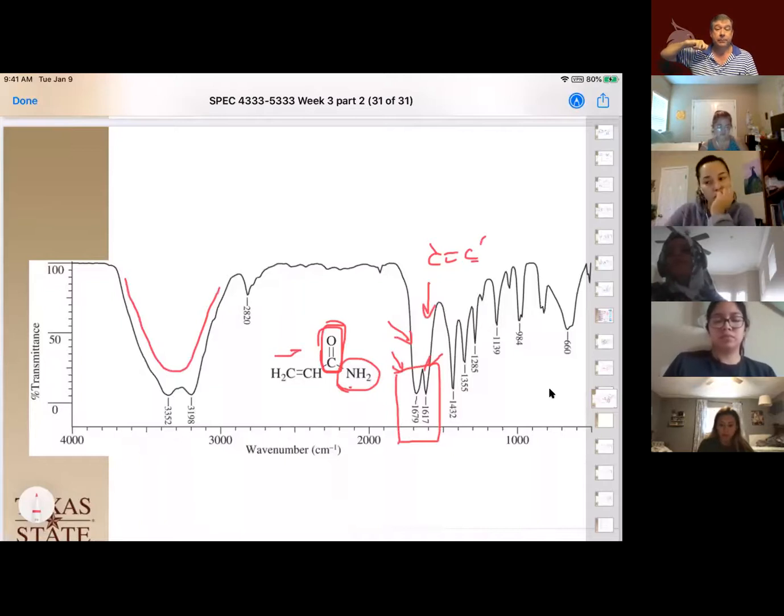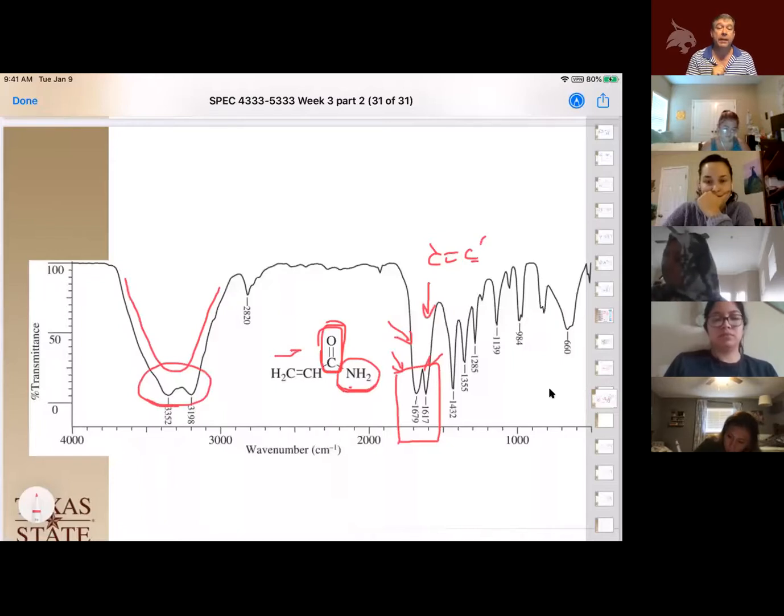And they're not equivalent. And therefore, whenever you have two hydrogens in a compound on nitrogen, you get two peaks in this band. If we take one of those hydrogens off, one of those peaks goes away, and some of the hydrogen bonding goes away. We take both of these hydrogens off and replace them with carbons, the peak goes away completely.